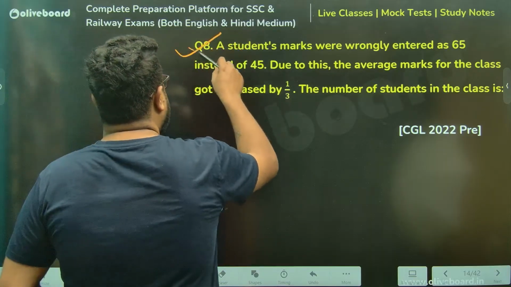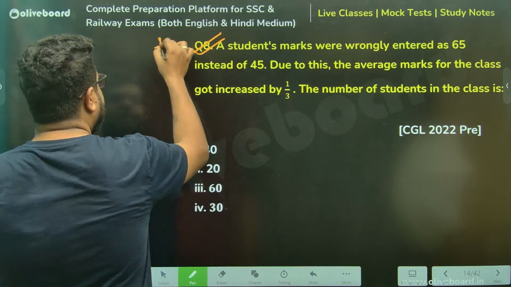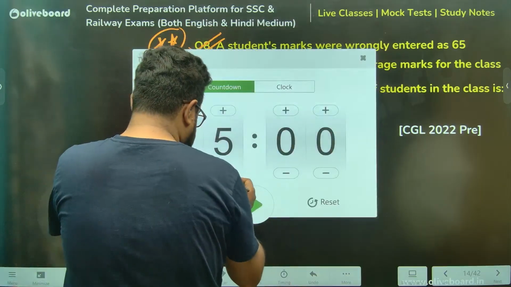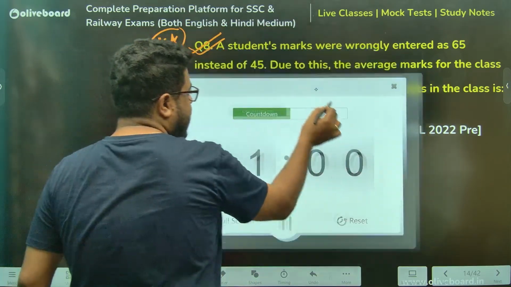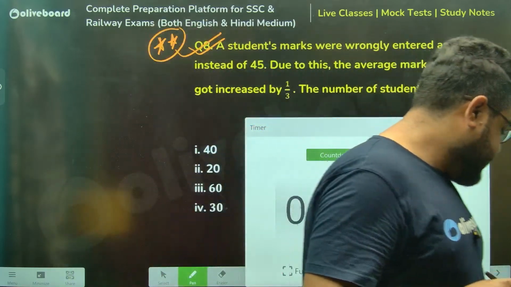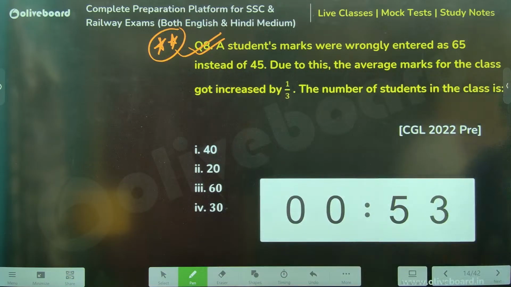This is a very good question. I'll give you a little time to solve. Very, very good question, based on deviation. Everybody, please try to solve it using deviation. Don't take the other approach. Try to do it. If you are unsuccessful, that's also okay.